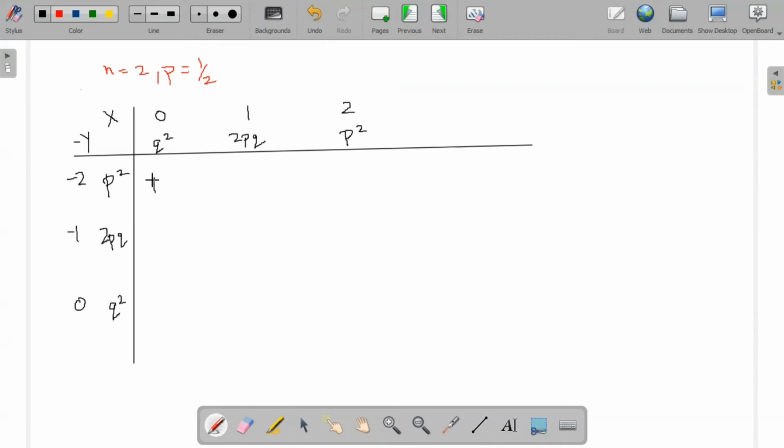So multiplying this we get p square, q square, here 2pq, q, here p4. In this fashion we can calculate all the elements of this table.